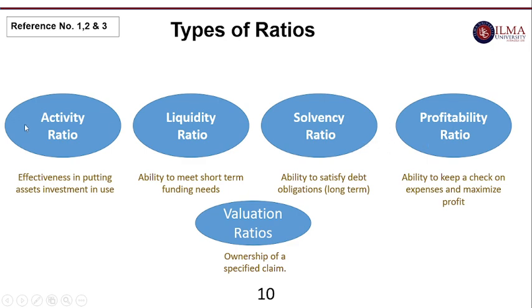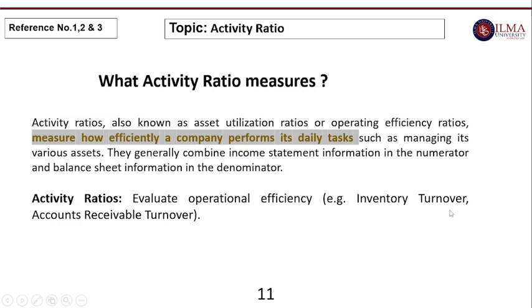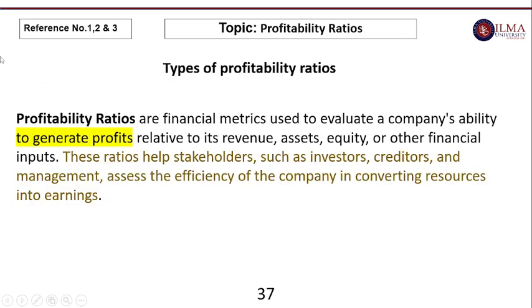Fourth, we are going to talk about the profitability ratio, the ability to keep a check on expenses and maximize profit. What it says over here: profitability ratio is a financial metric used to evaluate a company's ability to generate profit.